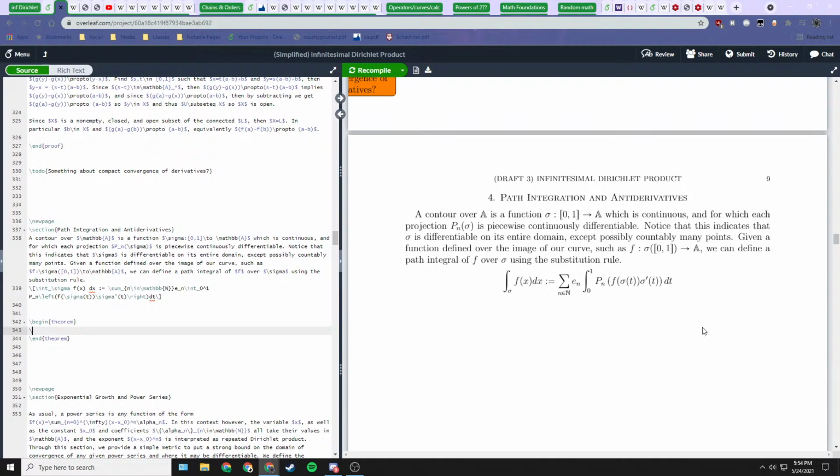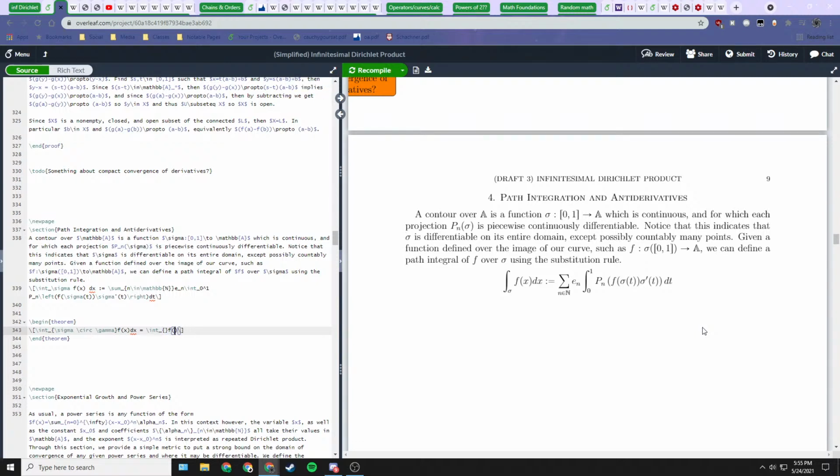We have the integral of a composition of curves, like something like this, and then a function f of x dx, and I forget, let me think.